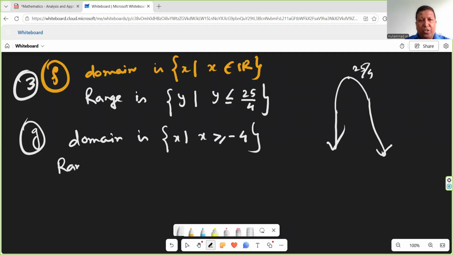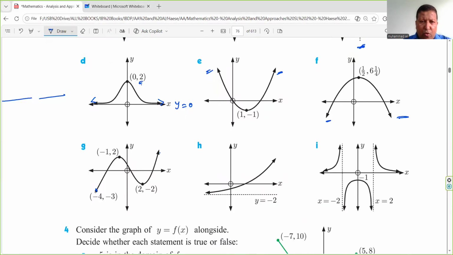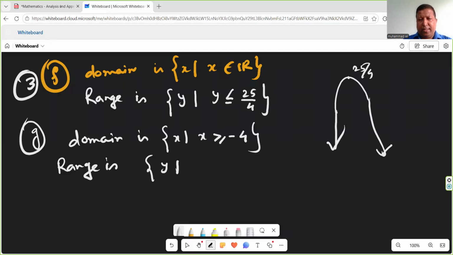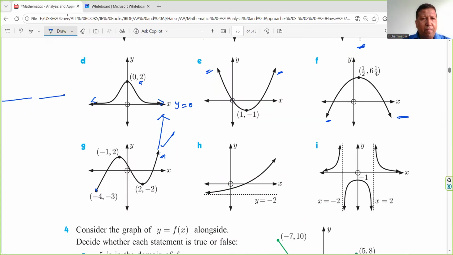Now the range is y such that, here the lowest y value is -3 and the upper value is infinity, because of this arrow sign. So the range is y greater than or equal to -3. G number completed.